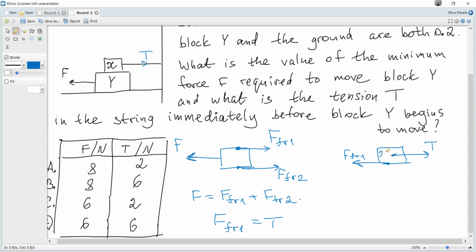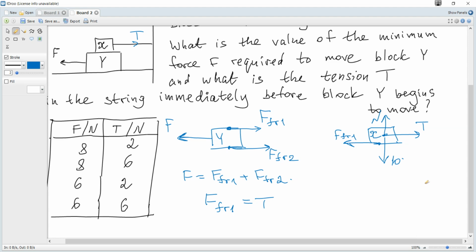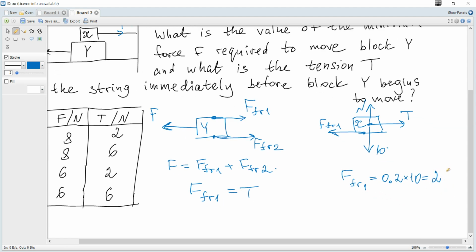And let's consider X only, and in vertical, vertical forces are what? 10 newtons, its weight, and normal reaction, the force that Y exerts on X. And F frictional 1 is equal to what? Mu, 0.2, times normal reaction, and here it's 10 newtons, so F frictional 1 is 2 newtons.